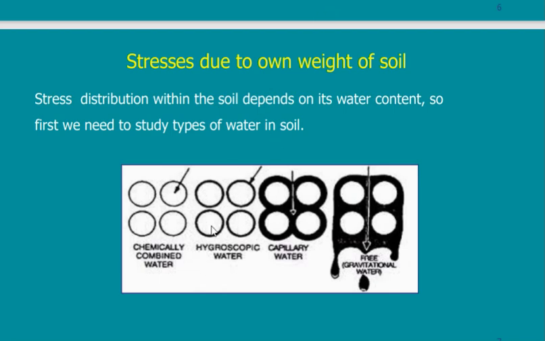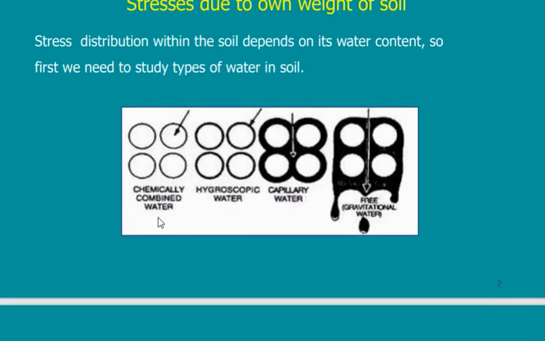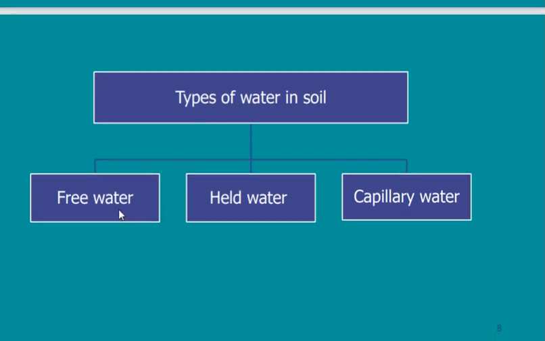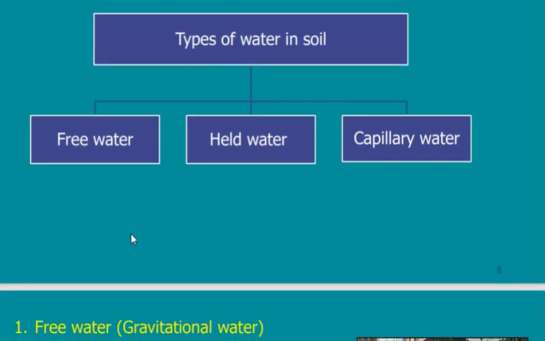The hygroscopic water is very sticky to the sample or to the particles, so it does not leave unless I force it to do this by heating to 100 degrees centigrade. And this chemically bonded water I cannot deal with. Types of water: it's either free water, capillary water. This is what we just said.